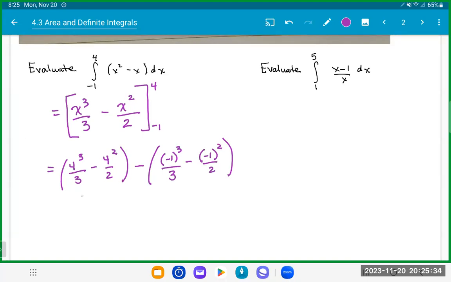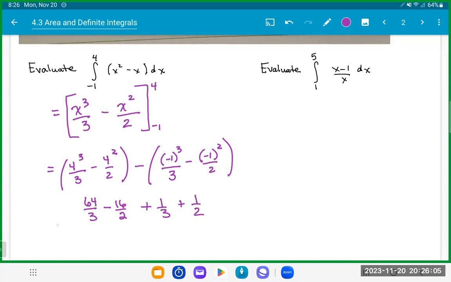So this gives me 64 over 3 minus 16 over 2, and then minus a negative, so we have a negative and a -1, so that's positive 1/3 plus 1/2.